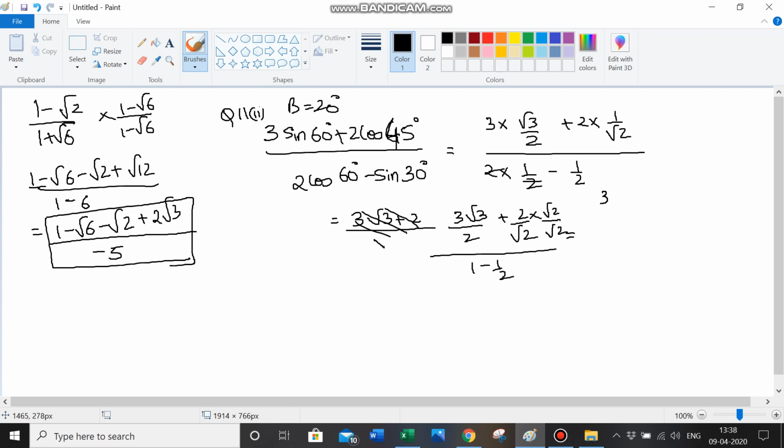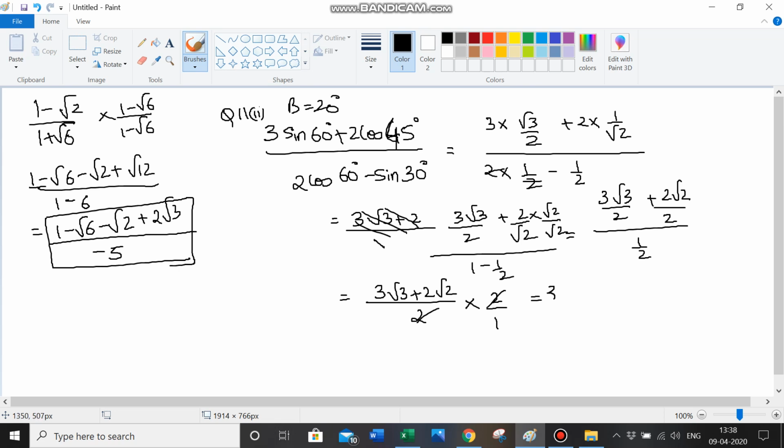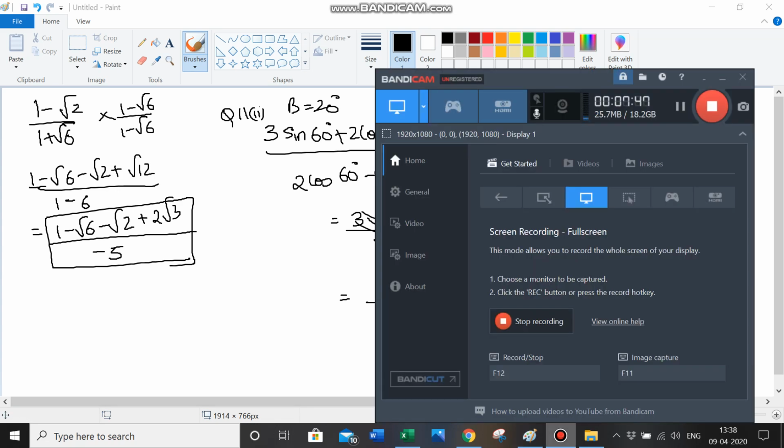So this becomes 3 root 3 upon 2 plus 2 root 2 upon 2, divided by half. So this becomes 3 root 3 plus 2 root 2 upon 2 multiplied with 2 upon 1. So this becomes 3 root 3 plus 2 root 2. That's my final answer. So this finishes this exercise for now.